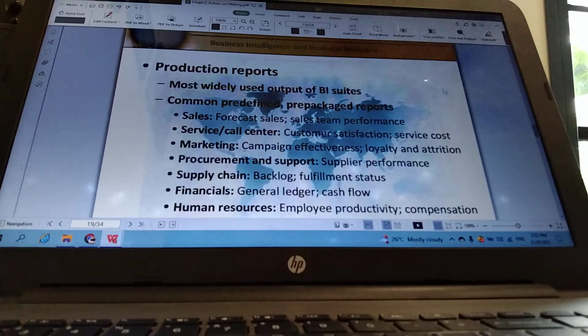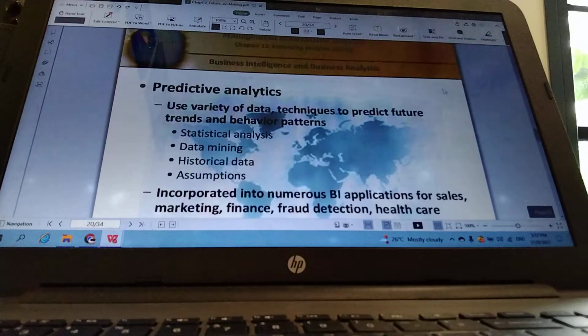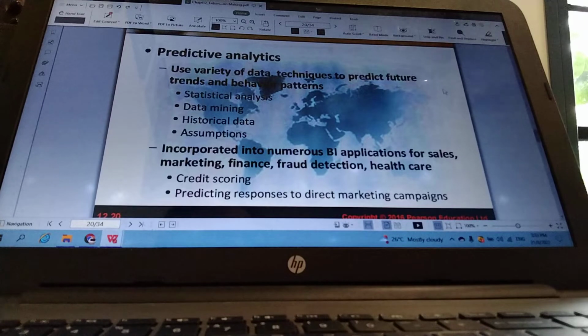When it comes to human resources, these BI reports can be used to see employee productivity, compensation required, and any related report for HR purposes. So this BI is actually a very popular and very powerful tool that can be used by many different departments and users for different purposes in assisting them in making decisions.